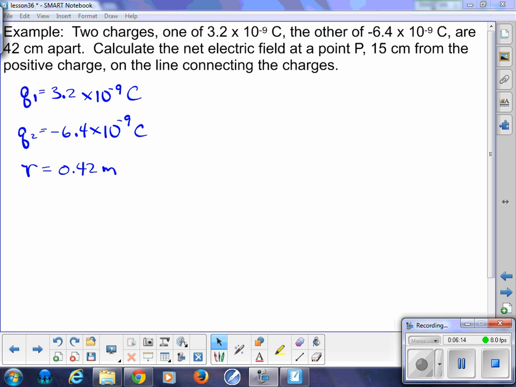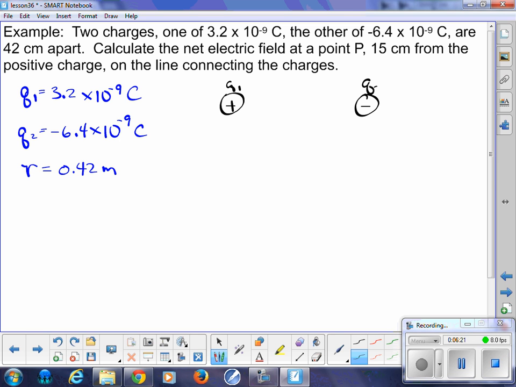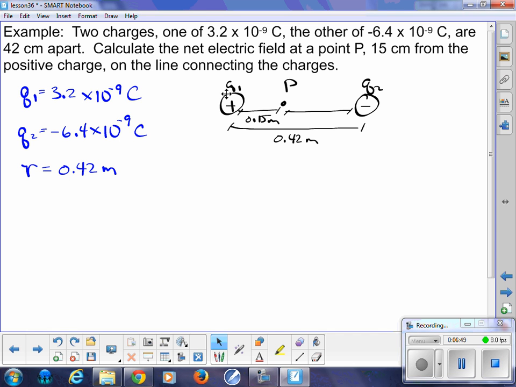The diagram always helps us out. We have a positive charge, that's my Q1, and a negative charge, which we call Q2. We know they are 0.42 meters apart, and we want to calculate the net field at a point P. Point P is 15 centimeters, or 0.15 meters, from charge 1 on the connecting line, so point P is directly between them.